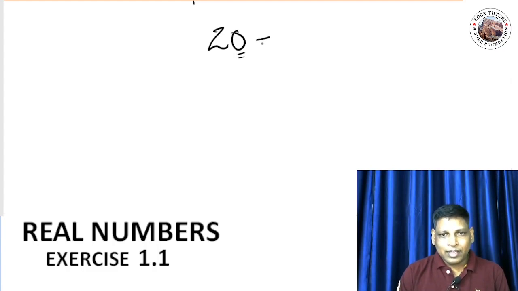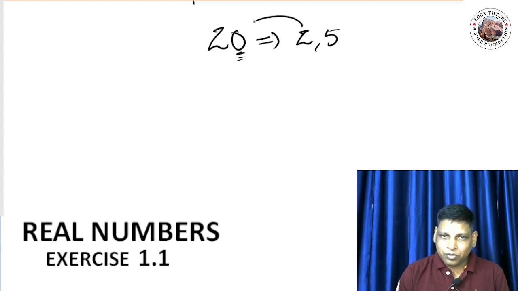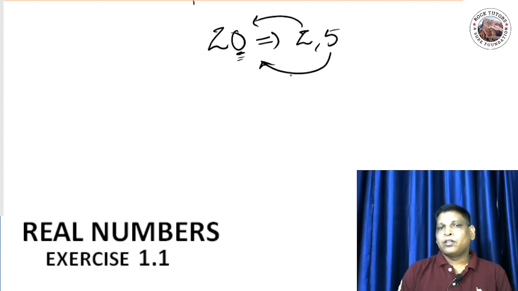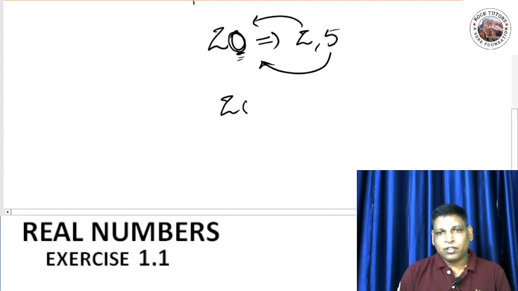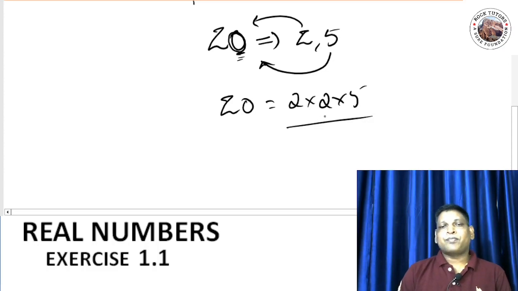So a number that ends with 0 is divisible by 2 as well as 5. Write 20 as prime factors: 2 into 5. So it has prime factors 2 and 5 only.